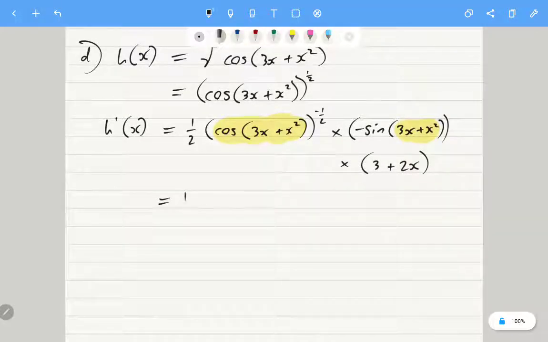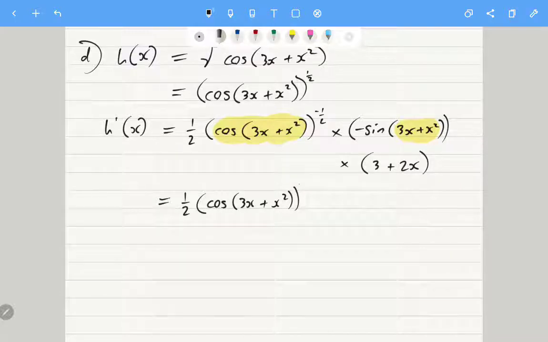So, a half cos of 3x plus x squared to the power of negative a half, negative sine 3x plus x squared, times 3 plus 2x. So it's quite a long, lengthy thing.